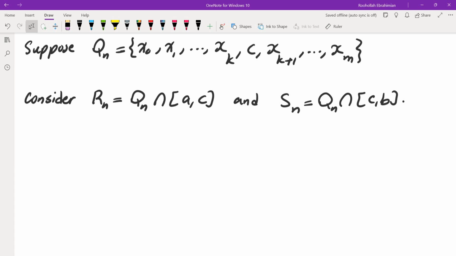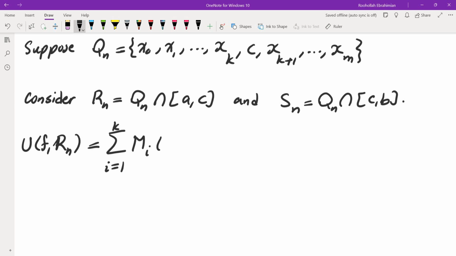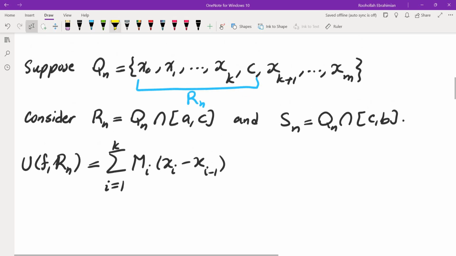If you look at the upper sum for Rn, it is equal to the sum of Mi times xi minus xi minus 1, i equals 1 to k, plus a times c minus xk, because Rn is exactly this from here to here. This is Rn, and this portion is Sn.